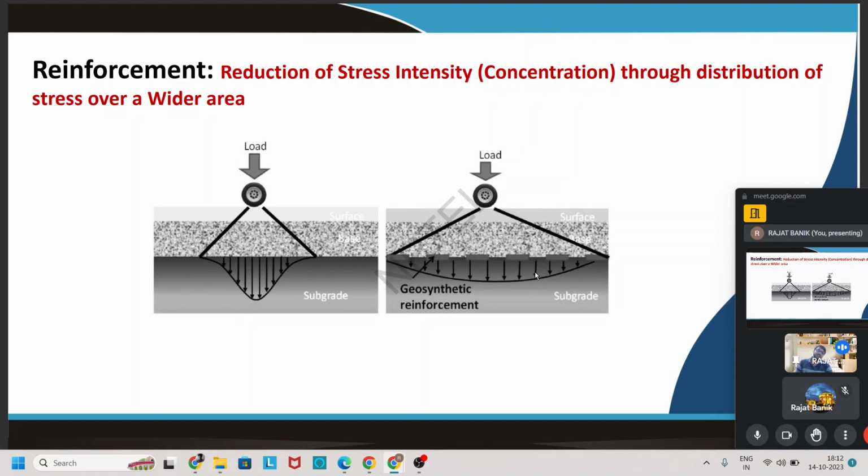After applying the geosynthetic material as a reinforcement, we distribute the load over a larger area. In this way, we increase the strength of the soil and reduce the cracks or failure of the surface which is below this reinforcement.